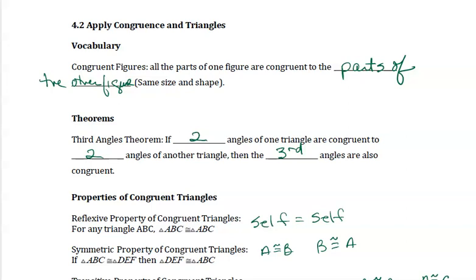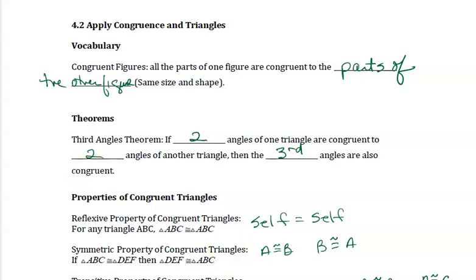And you will always have 180 degrees in your triangles. Therefore, if you know two of the angles, you can figure out the third. But if you know that two of the angles in one triangle are the same as two of the angles in the other triangle, then you would know the third angle of each. It would be the same, and all the angles are therefore equal.